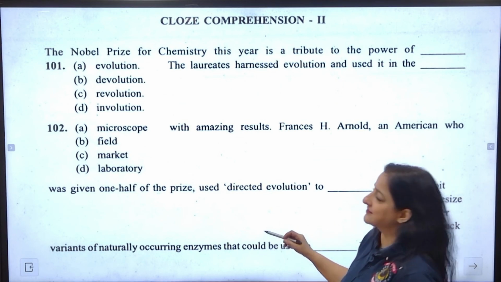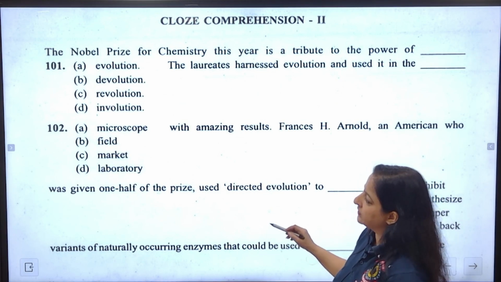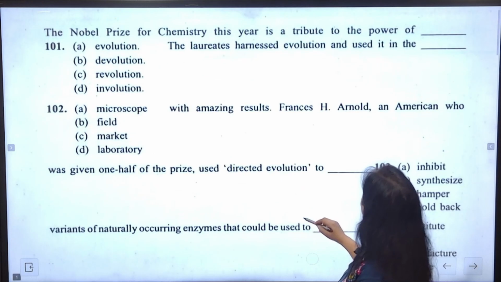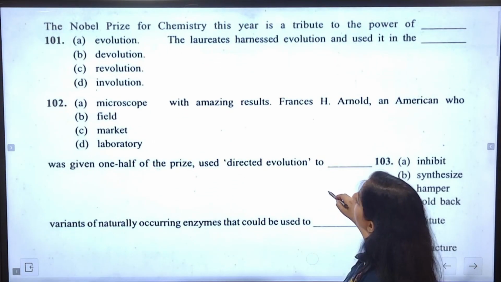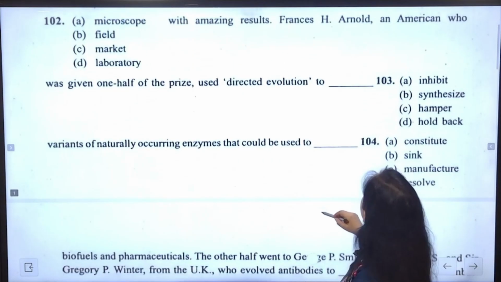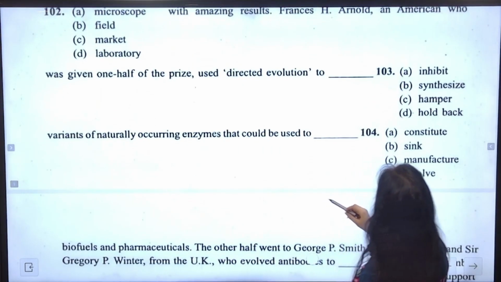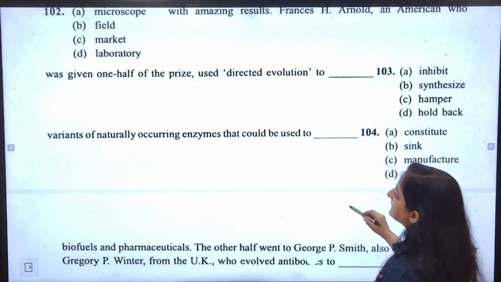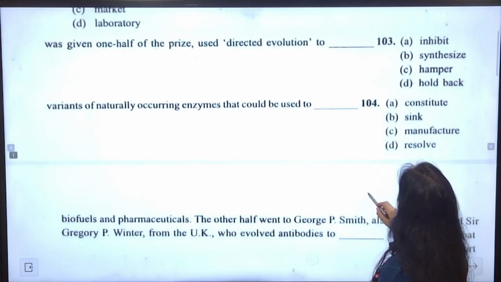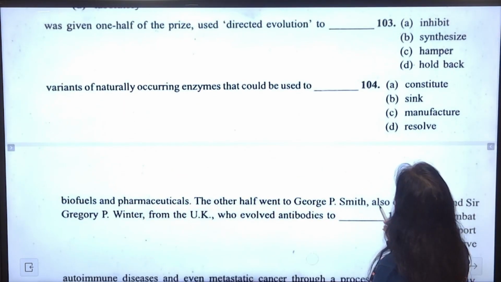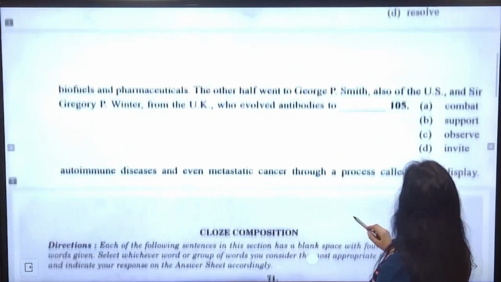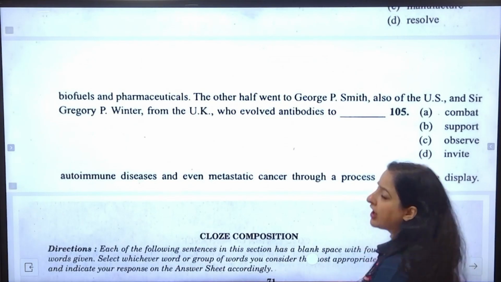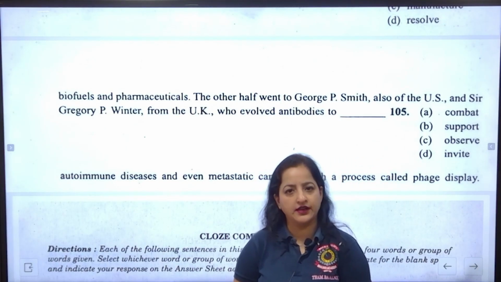I'm announcing the answers yet again. 102, delta laboratory. 103, bravo, synthesize enzymes. 104, Charlie, manufacture. 105, alpha, combat. These are the answers.